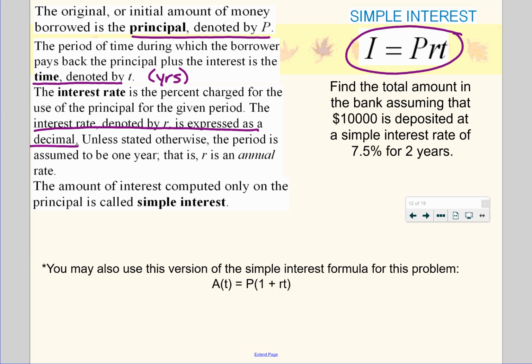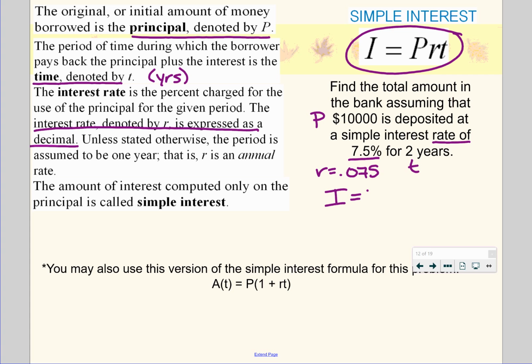All right, so the first one says find the total amount in the bank, assuming $10,000 is deposited. So what is $10,000? What variable? The principal, P, at an interest rate of 7.5%. So 7.5% as a decimal. First of all, I'm going to move that decimal 2 spaces to the left, 0.075. And what variable is it going to stand for? R. And then 2 years is going to be my time, T. Plug it in.